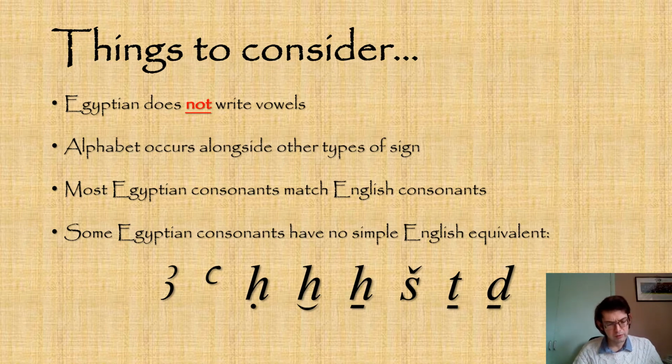We also need to bear in mind that even within the alphabet, while most Egyptian signs do map on fairly neatly to letters we have in English, there are a few that convey sounds for which we don't have an English letter. For these sounds, we use special characters.